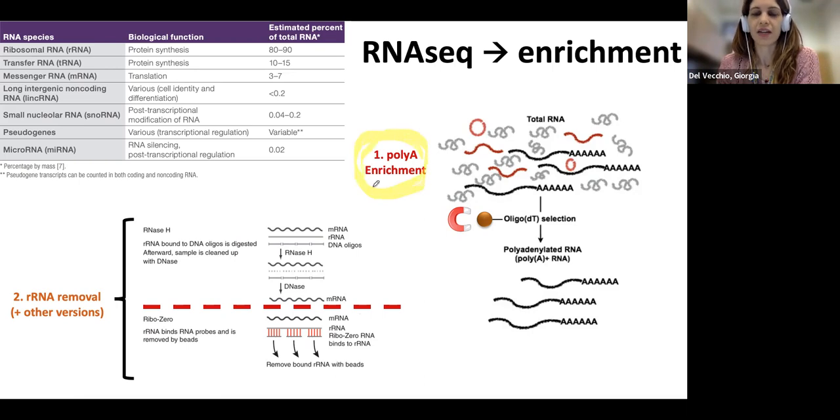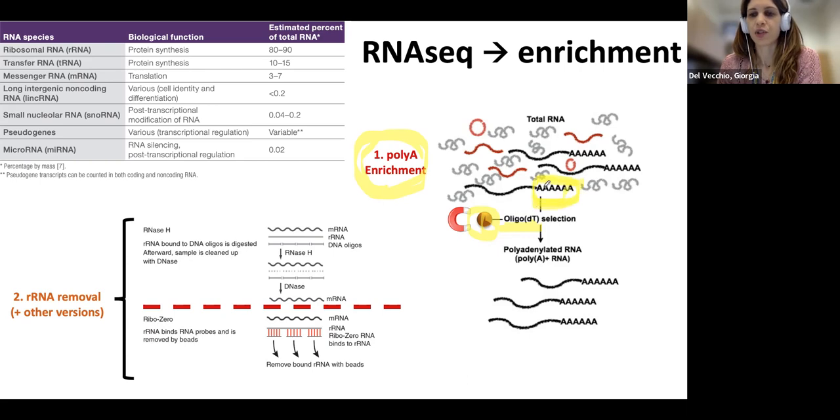The poly-A enrichment means using oligo-dT attached to magnetic beads. With the oligo-dT, we are capturing the poly-A tail, which is a feature of the messenger RNA.